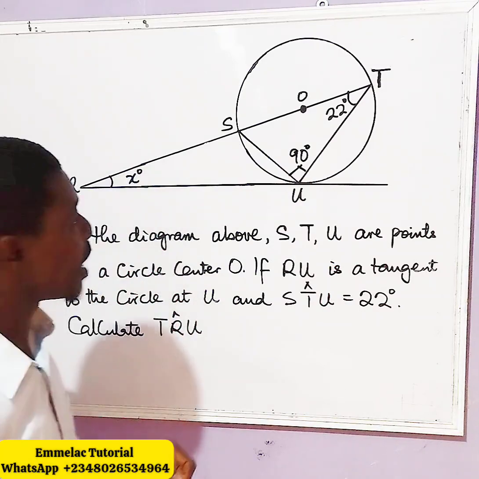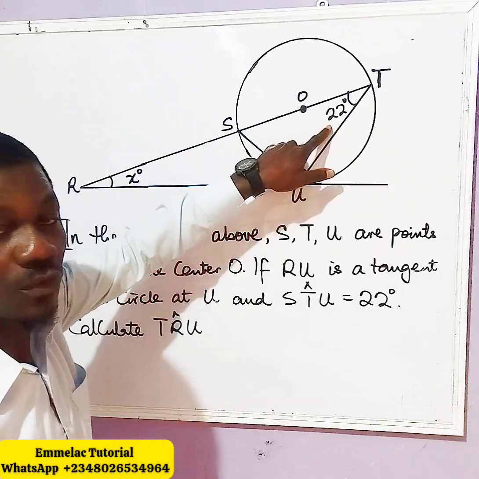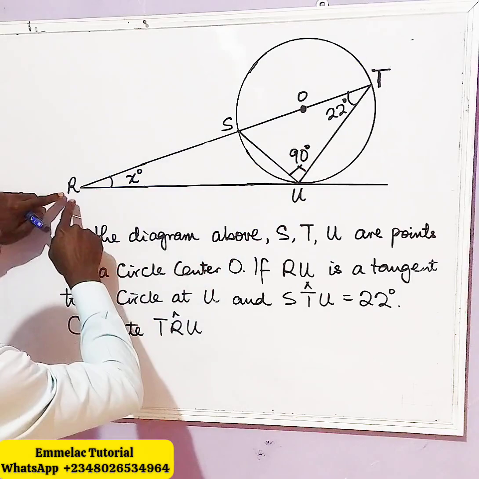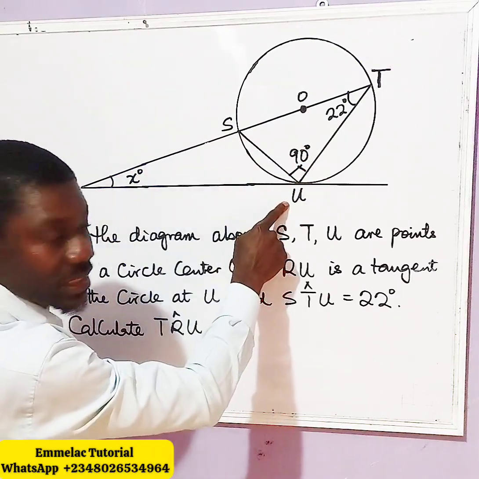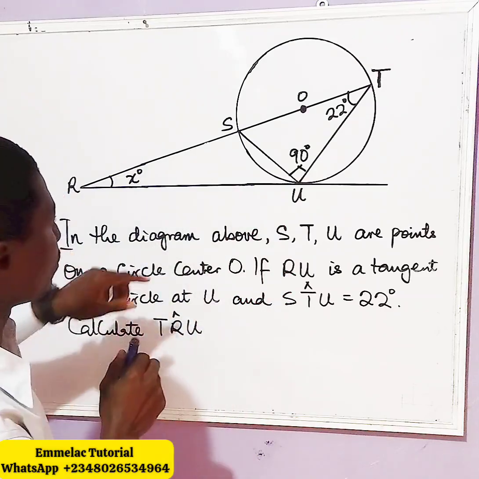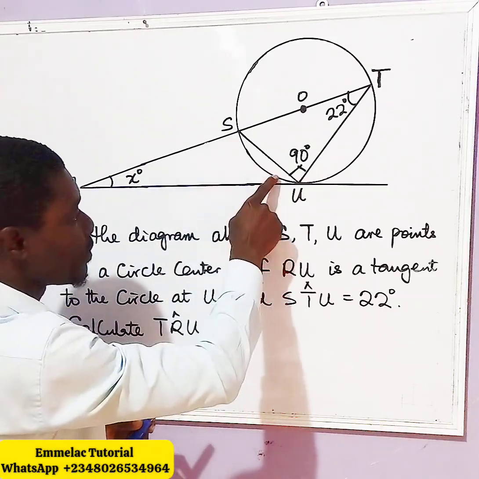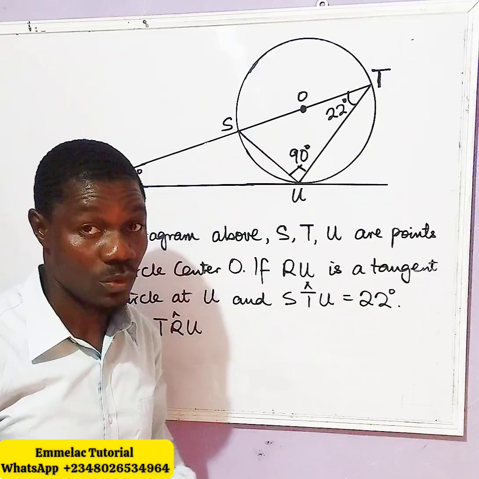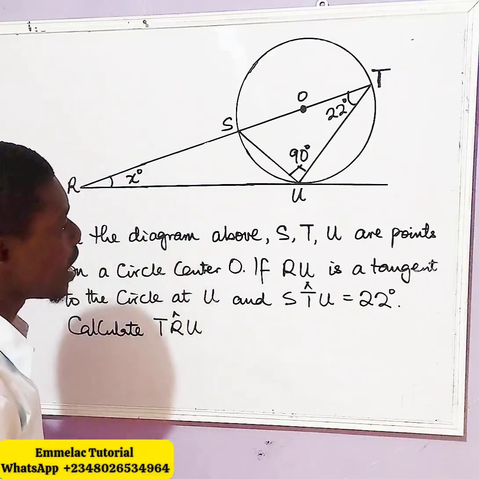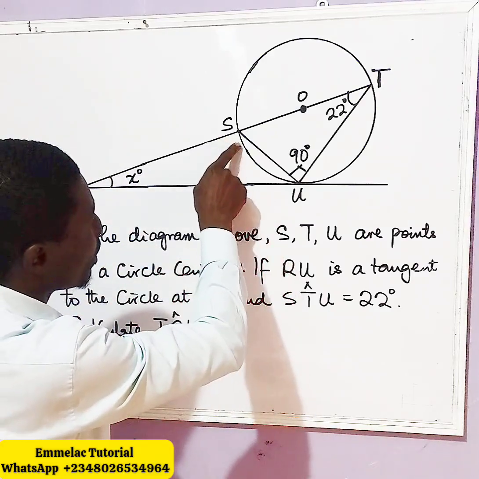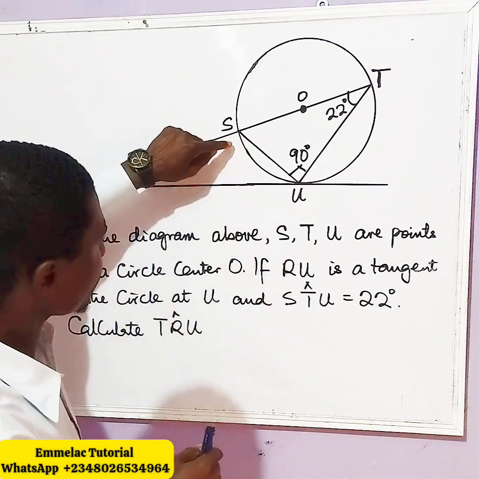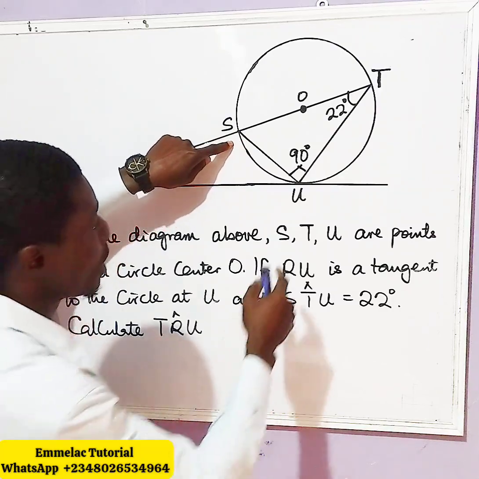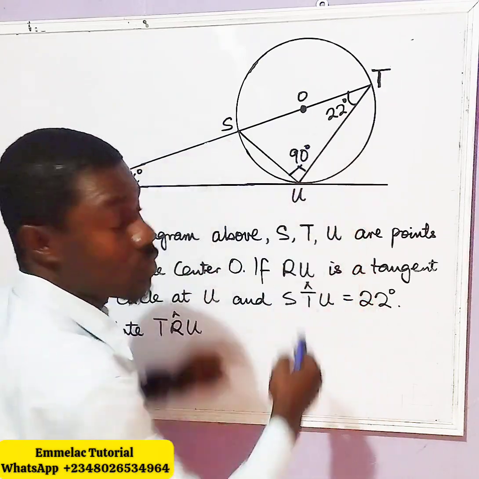Since we've gotten this and we know this, take note of this triangle RST. Now let's find this angle, and we know that the sum of angles in a triangle is 180 degrees. For us to get this angle here, take note that this angle is an external angle compared to these two.